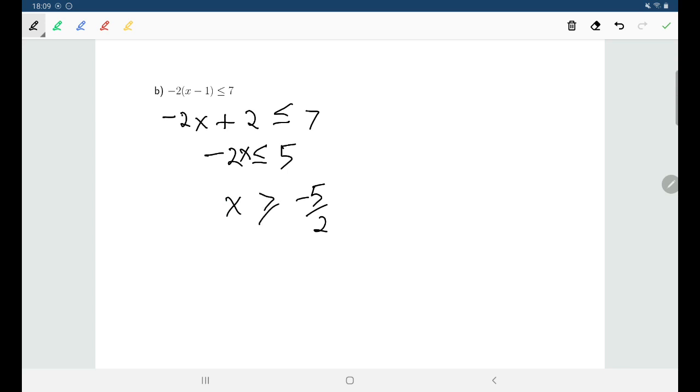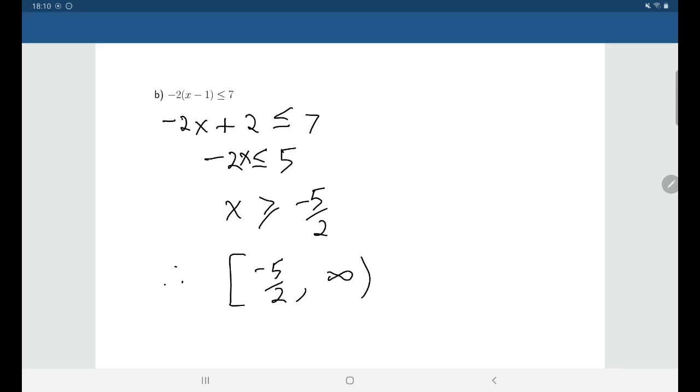Instead of being less than or equal to, it will now be greater than or equal to. So for my solutions, those would be all the values that are -5/2 and larger, or all the values from -5/2 and all the way to the far right, including the -5/2. It's greater than or equal to, but not including the infinity. So round bracket around the infinity.